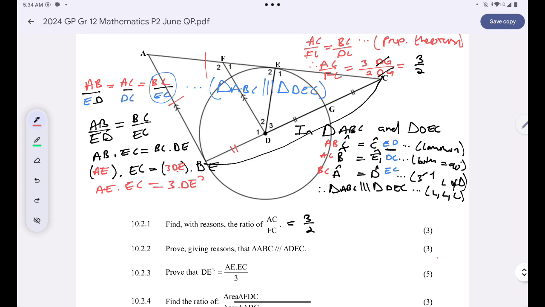DE times DE is just DE squared. I can divide both sides by 3, therefore DE squared is equal to AE multiplied by EC all over 3. Now I've proven that DE squared is equal to that.